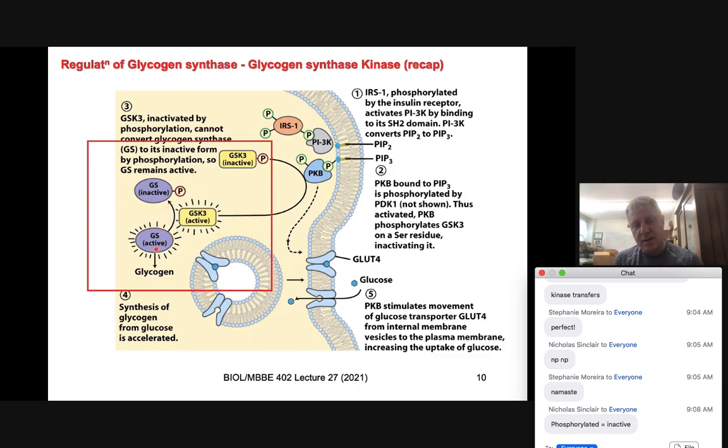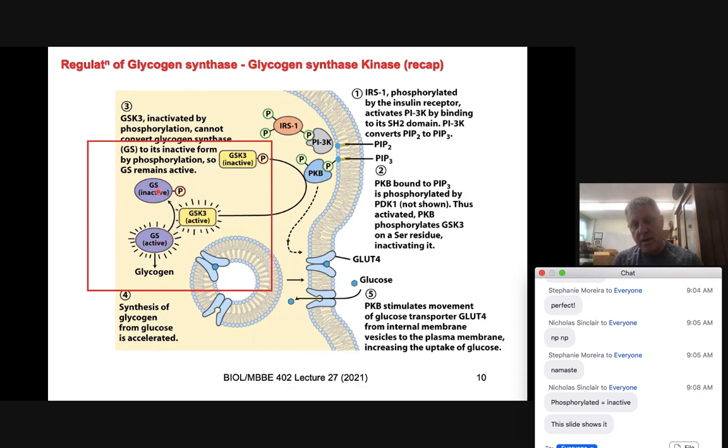In this case, having this guy present, in its active form, is going to shut down the glycogen production in regards to its phosphorylation. In the absence of this particular compound, we move it through by phosphorylating it, causing a three-dimensional structural change by the protein kinase B, and we're going to see this guy moving away and allowing then the glycogen synthase to be active in regards to its dephosphorylated form.